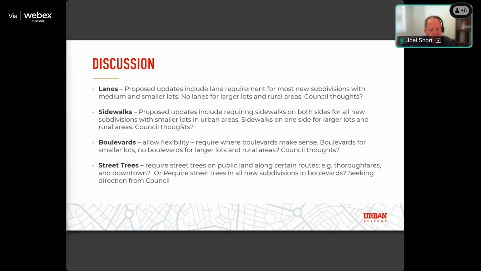Yeah, well, there's some interaction with the zoning bylaw, and one of the things as part of this process would be to provide some recommendations for the zoning bylaw. The subdivision bylaw doesn't regulate the setbacks, but for sure there are some interrelationships there, and we can reduce the setbacks if we've got lanes. So then it provides a bit more flexibility.